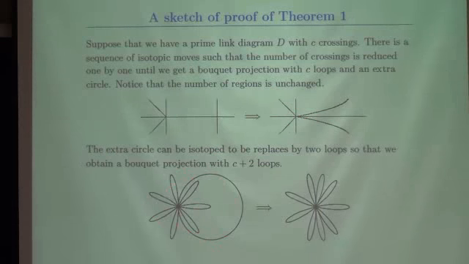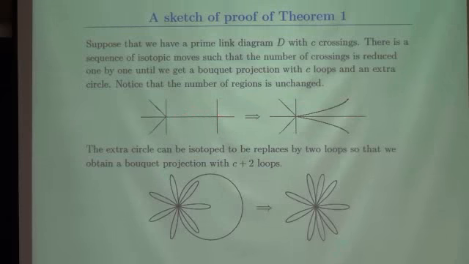And here, except this large one, the number of these leaves is the same as the number of the crossings. If you look at this change, the number of regions does not change.